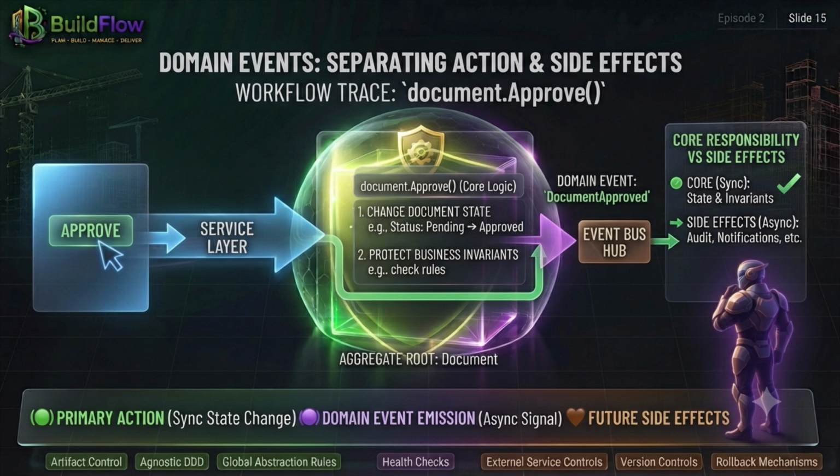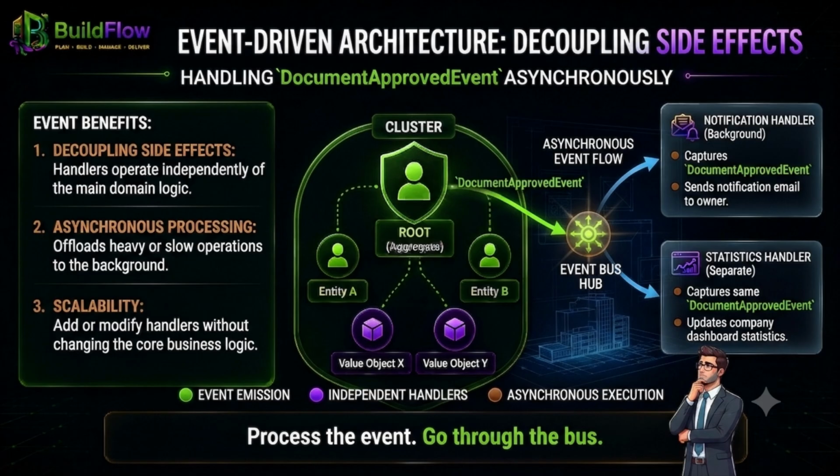When an engineer clicks the approval button and the code invokes document.Approve, the core responsibility of this function is to change the document state and protect business invariants. As soon as it is finished, it fires a document approved event.